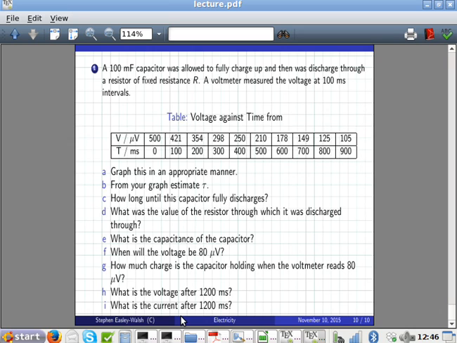Right, so what should we calculate? We should calculate the slope. I would like everybody to use my graph to calculate the slope.